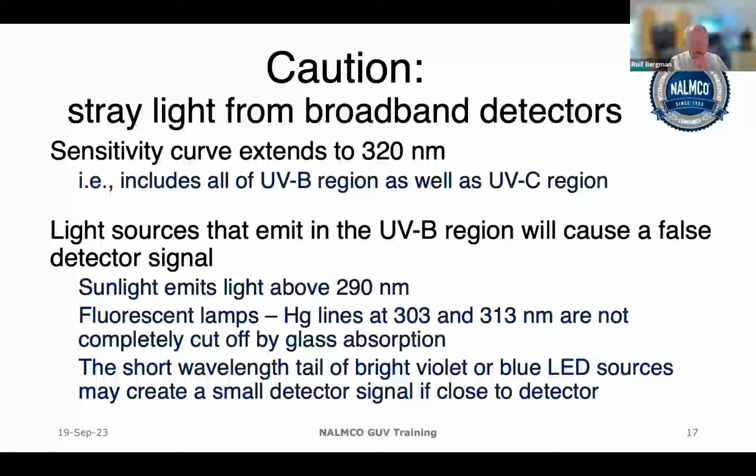Furthermore, if you have fluorescent lamps in the room, they have mercury lines at 303 and 313 in the UVB region, which are not completely cut off by the glass of the bulb. So even though they're fluorescent lamps and don't emit any UVC, they do emit a little bit of UVB.